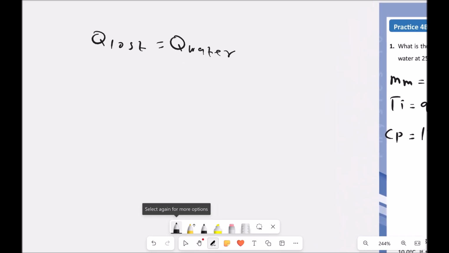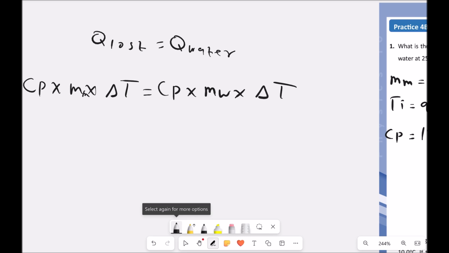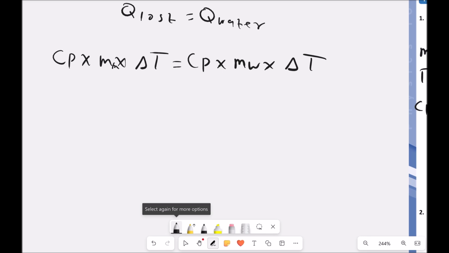Q is equal to what for gold? This is equal to Cp times mass times change in the temperature of the gold. And this is equal to Cp of water times mass of the water times change in the temperature of the water. As we said, because heat is lost by the gold, delta T here is going to be T initial minus T final.